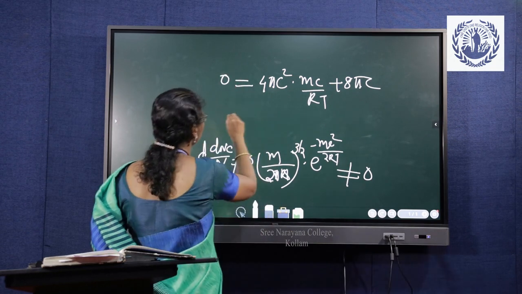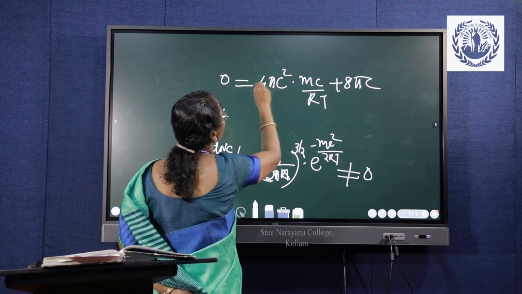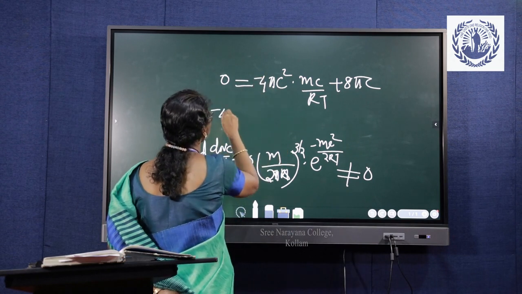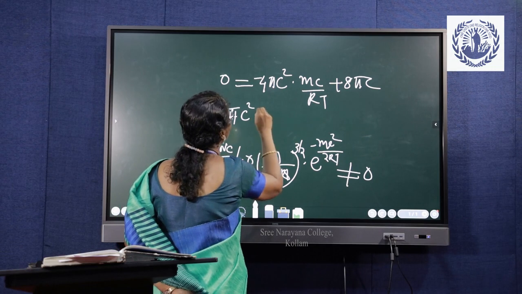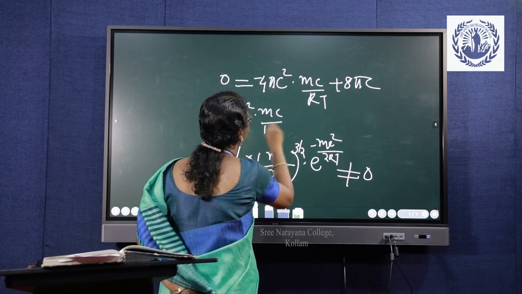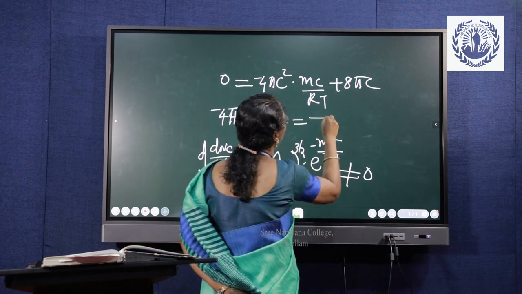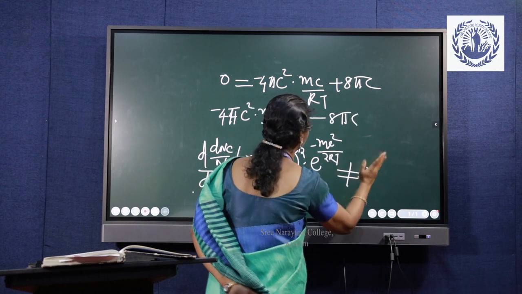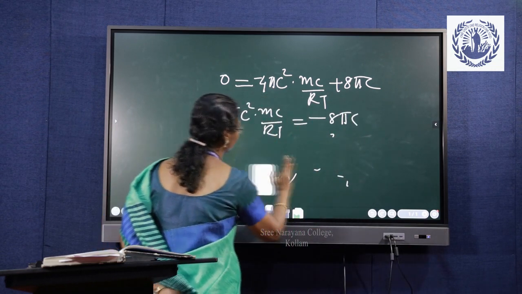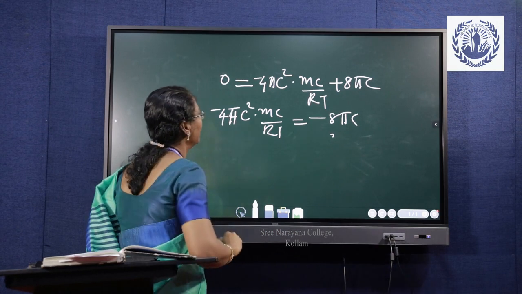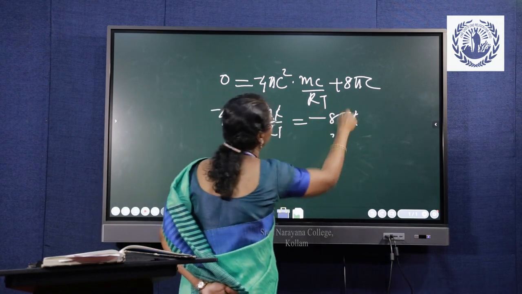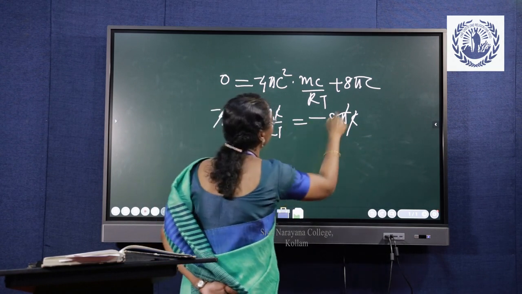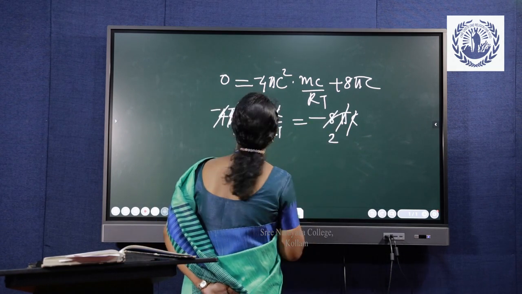The only term that can be 0 is 4 pi c square into mc by RT plus 8 pi c. Rearranging this equation, here there is a minus term also. So minus 4 pi c square into mc by RT is equal to minus 8 pi c. Here c and c get cancelled, pi and pi get cancelled, 4 and 4, 8 get cancelled, and we get 2.